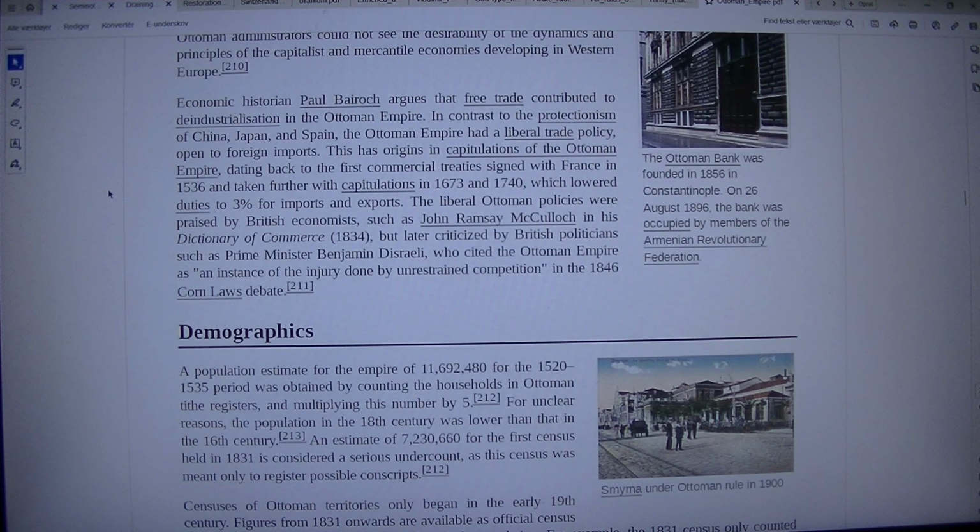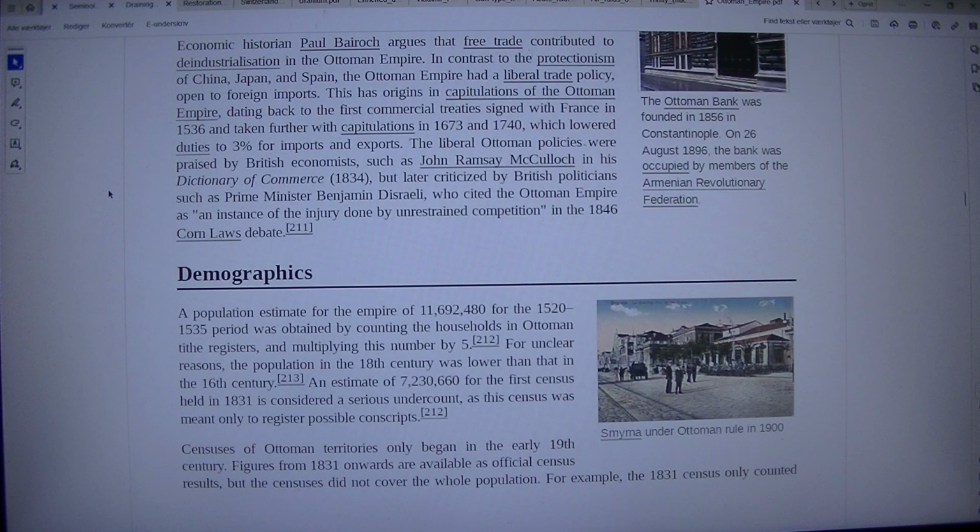This has origins in capitulations of the Ottoman Empire, dating back to the first commercial treaties signed with France in 1536 and taken further with capitulations in 1673 and 1740, which lowered duties to 3% for imports and exports.